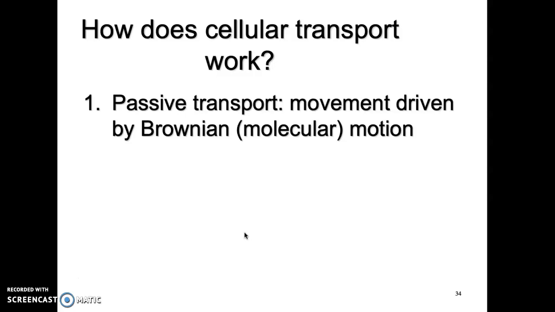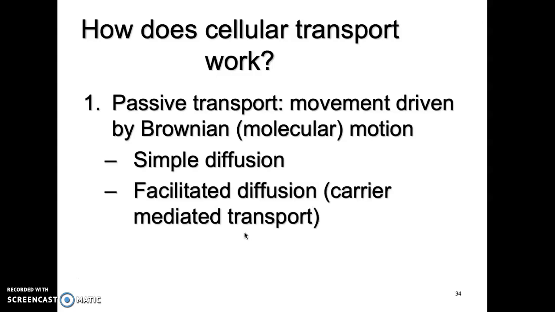So passive transport is this movement of molecules that's driven just by the bouncing of those molecules into each other. Simple diffusion works this way. When water diffuses simply from one place to another, when potassium can just diffuse through that membrane, it's going to be simple diffusion.